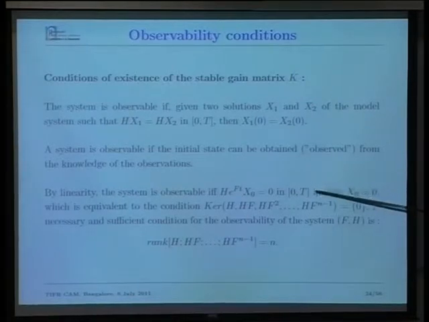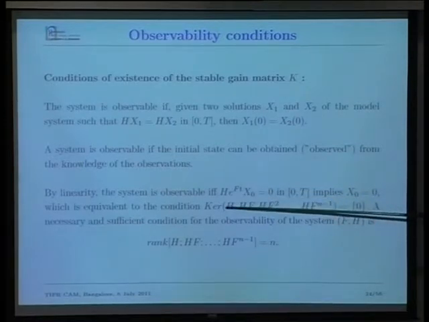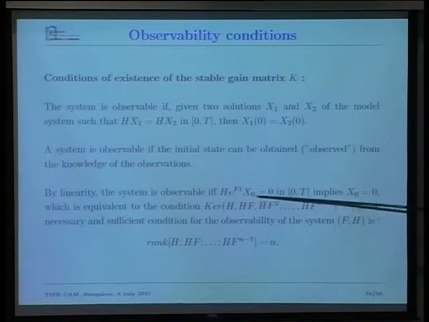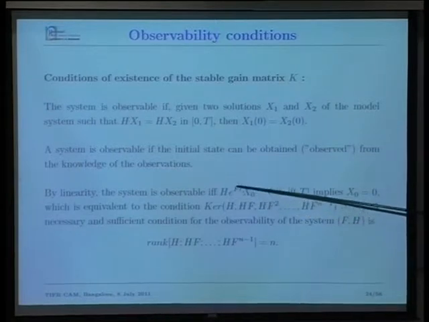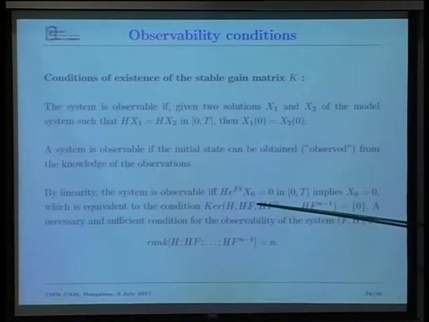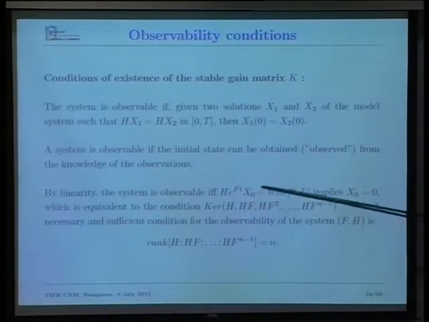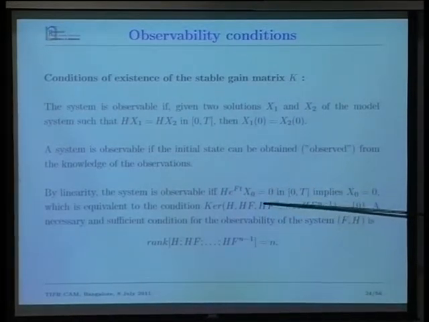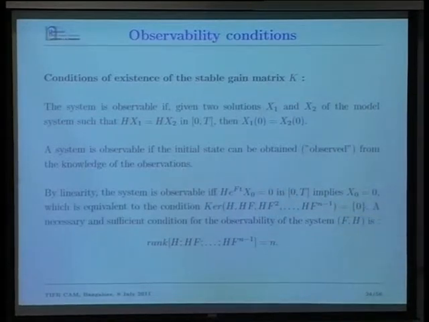This is equivalent to the fact that the kernel of this matrix is simply 0. So H, and then at the first time step you apply the model F and you observe, then you apply again the model F and you observe, and so on, n minus 1 times.